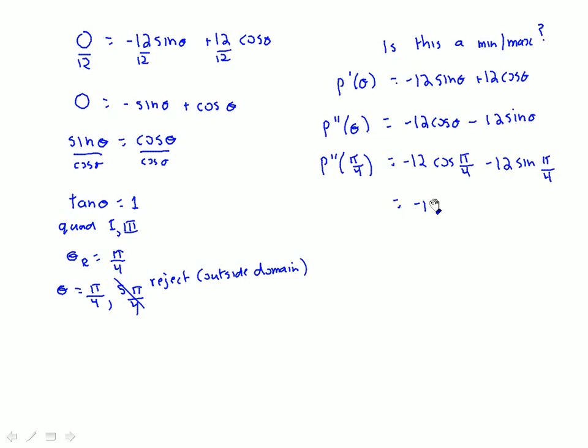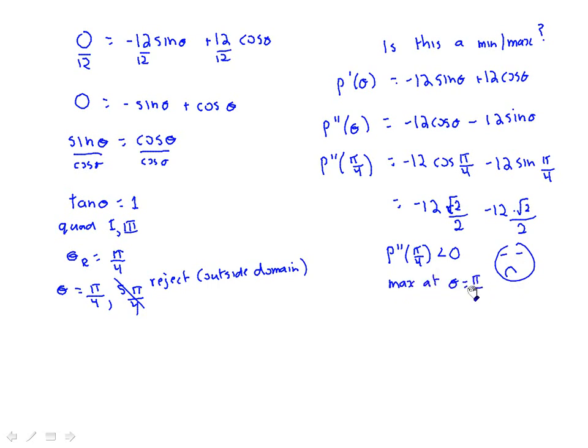And that's negative 12 times cosine pi over 4 is root 2 over 2, and then minus 12 times root 2 over 2. This is going to be negative. Two negative numbers being subtracted like that. You can check it out, but it's less than 0. So negative, negative, there we go. It's a max at theta is equal to pi over 4.